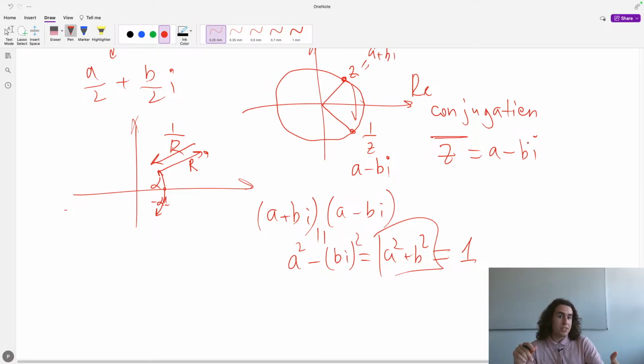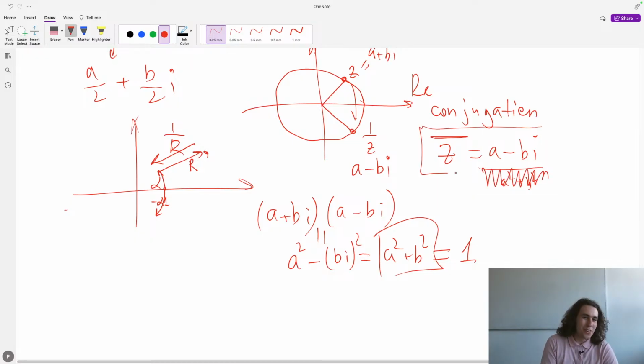It's only 1 over z for numbers on a unit circle. Otherwise, you also need to divide it by a squared plus b squared. So this is the formula for the conjugate, and if I want to get 1 over z, then I would need to take this number and divide it by a squared plus b squared. Okay.